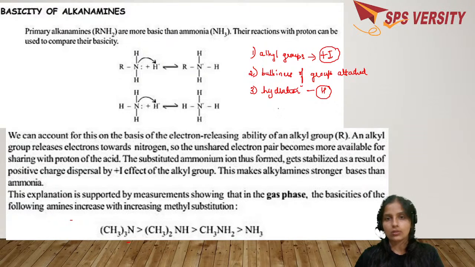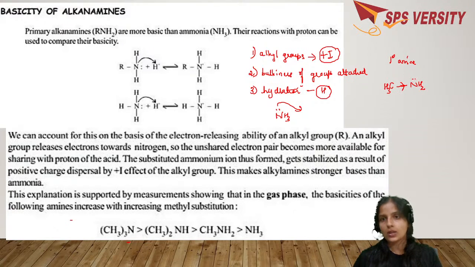So if you take only ammonia, ammonia is considered a weak base because it is going to give its lone pair of electrons. If you take the primary amine with an example of CH3NH2, alkyl groups are electron donating groups. They show the plus I effect, because of which electron density on the nitrogen increases.